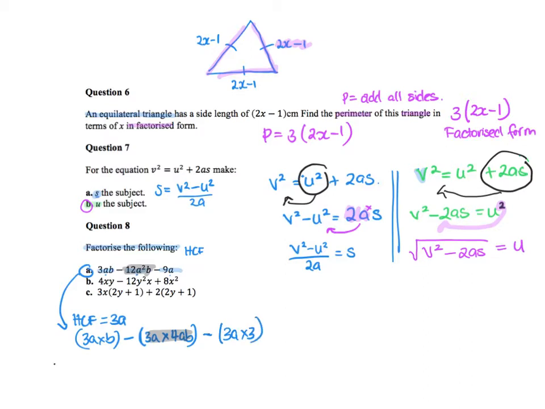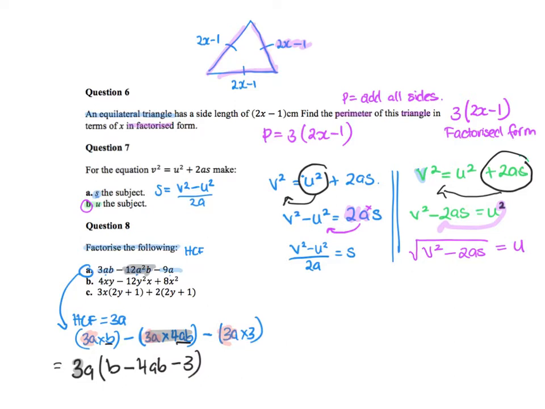So we take the common factor out of all of them, which is 3A. So I take 3A outside the bracket, and inside I put everything else. So there's B minus 4AB's left there, minus 3. And that's that one factorized.